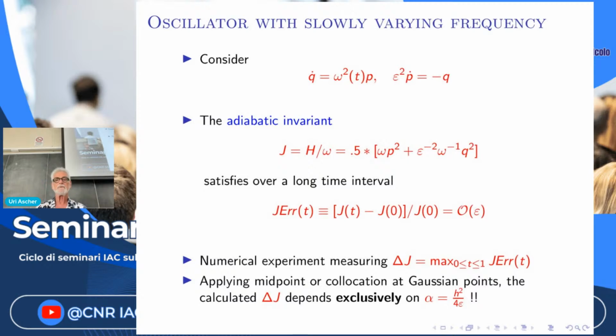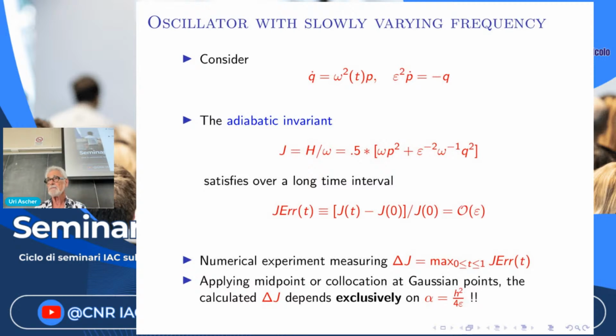So this is the simplest oscillator, except that the frequency omega here depends on time. So the Hamiltonian is not constant, but the adiabatic invariant, which is Hamiltonian over omega, is almost constant. It varies by order epsilon only. So if we look at epsilon very small, it is almost constant.